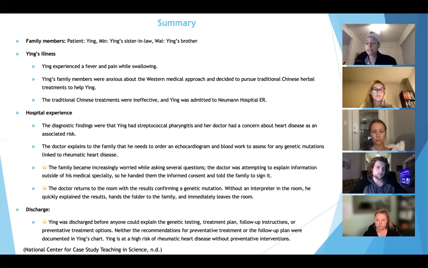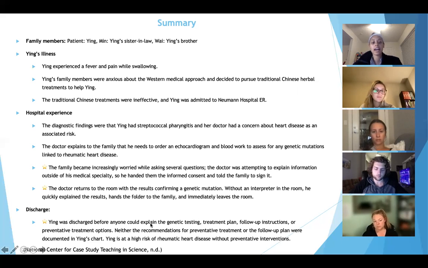And so he does come back to the room again with information about the genetic mutation. And like I said, there's no interpreter in the room. So he quickly explains it, hands him the folder, and bolts out of the room. So we kind of have two instances where this poor doctor is getting flustered. I'm not sure if it's over the language barrier or outside of the specialty stuff, but again, he rushes information off and does not explain it properly.